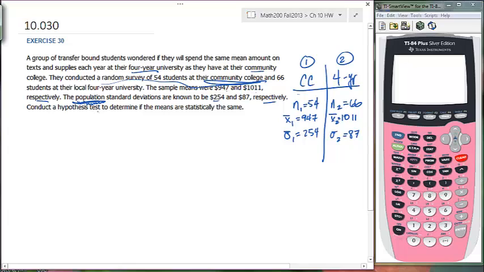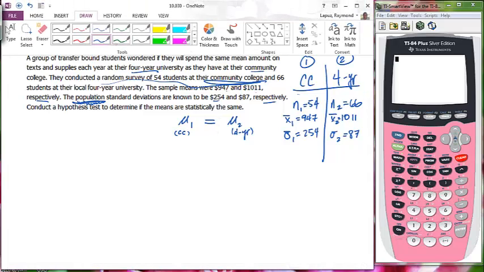It says conduct a hypothesis test to determine if the means are statistically the same. In this case, the order is not going to matter. We'll do mu1 for community colleges, and mu2 is going to be for four-year universities, and statistically the same is basically an equal sign. Now this equal sign will have to go to your null hypothesis, and so your alternative would be the opposite, not equal to.